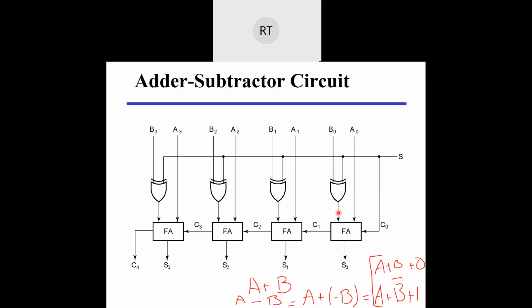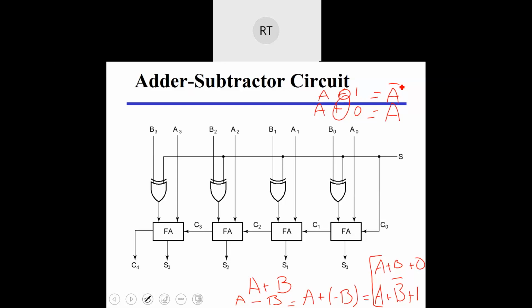You agree? I want someone to tell me if I have here a B and I do XOR with a 0, what does this give me? So A XOR 0. You must know that. A XOR 0, it will give me A. A XOR 1, it will give me A bar. Okay? These identities you must know.